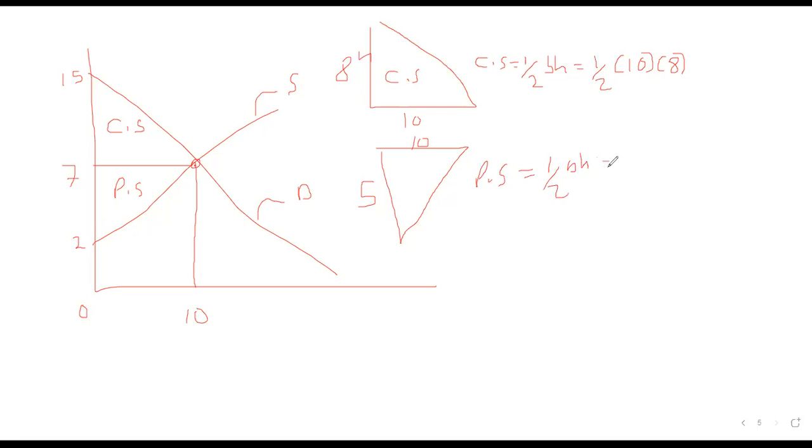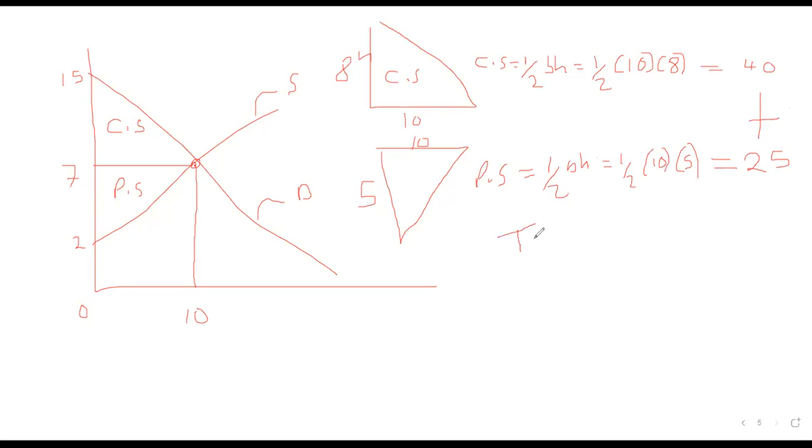Our base is still 10, and our height is 5. So when you calculate that, half of 50 is 25. When you calculate this, half of 80 is 40. So our consumer surplus is 40, and our producer surplus is 25.